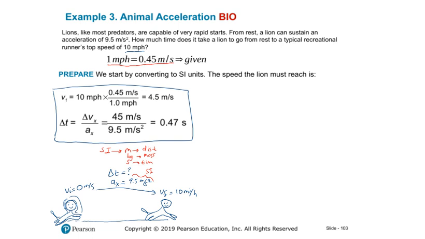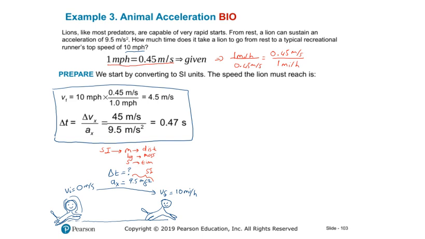This is distance, this is mass, and this is time. So ax is fine, it's in SI units. Initial speed is fine, it's 0. The final speed I have to convert. I'm going to convert that to meters per second, which is the SI unit.